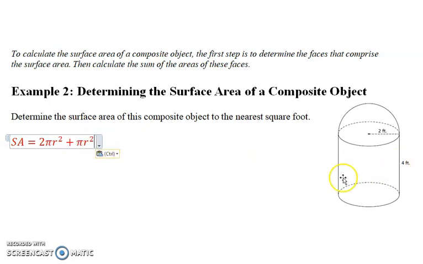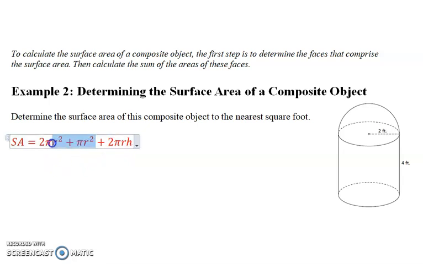And then we need the part of the cylinder that wraps around here. That flattens out to be a rectangle, and that's given to you by 2 pi r(h). So 2 pi r multiplied by height. And there's the surface area of this composite object.